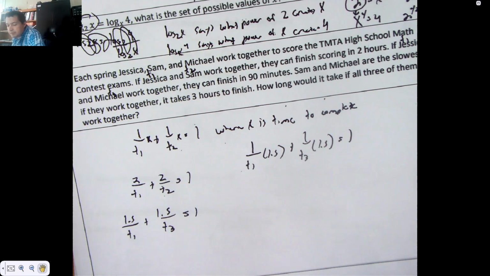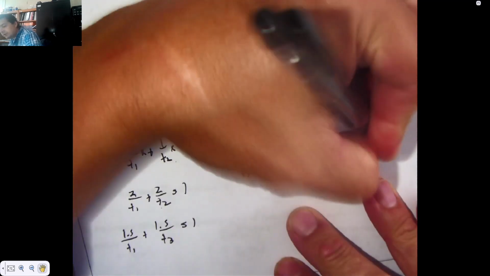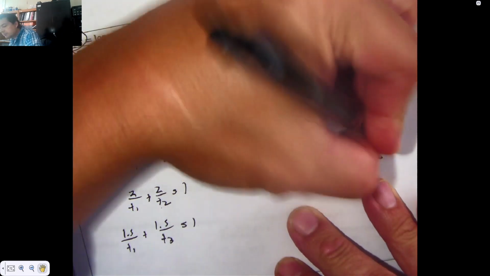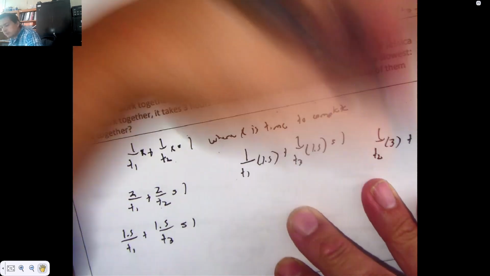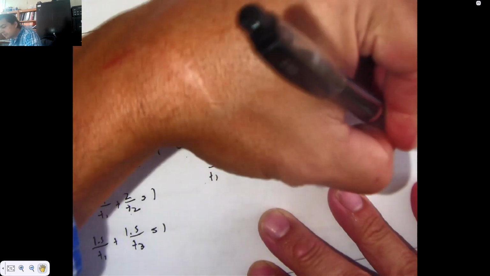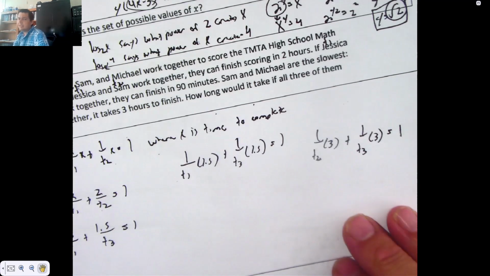Sam and Michael are the slowest if they work together. It takes 3 hours. 1 over Sam, who is time 2, times 3, plus Michael, who is time 3, 1 over time 3 times 3 is 1. Kind of rough, isn't it?